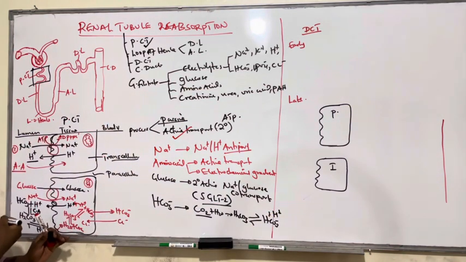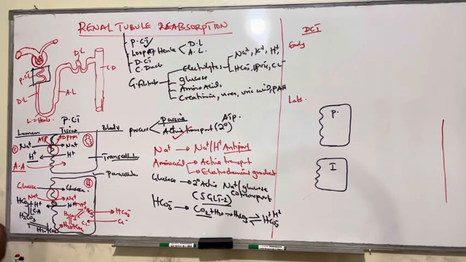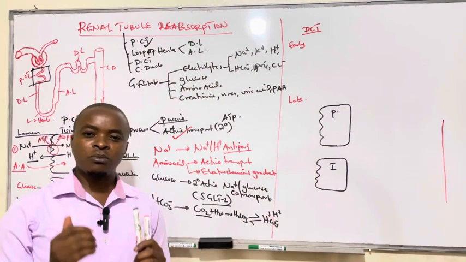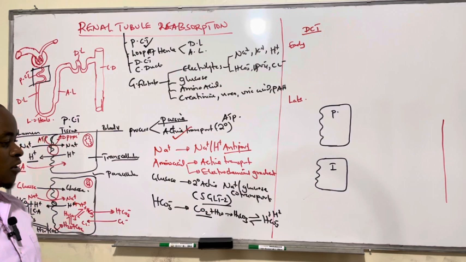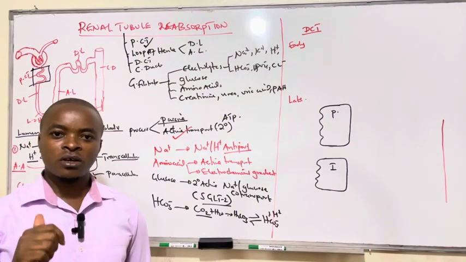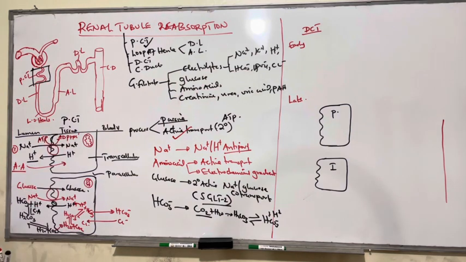Hydrogen ions come back, then the bicarbonate enters blood. So that is the way we absorb bicarbonate. We absorb it in the form of carbon dioxide, facilitated by an enzyme known as carbonic anhydrase. So this is what is happening in the proximal convoluted tubule.